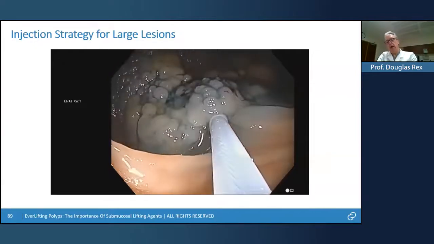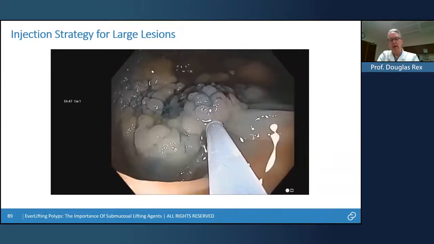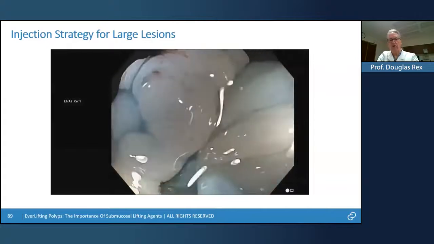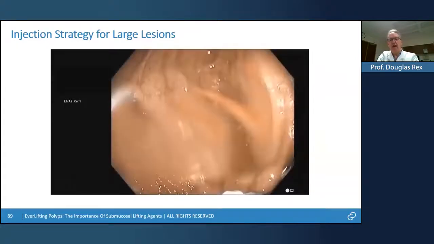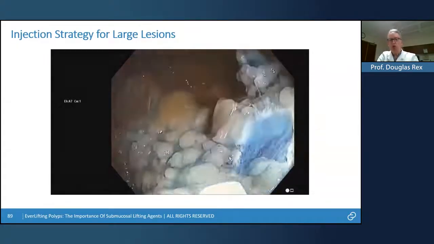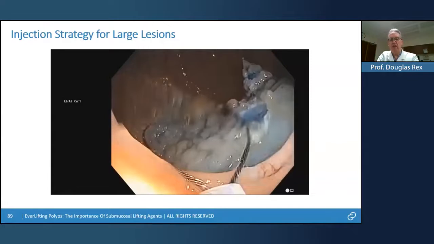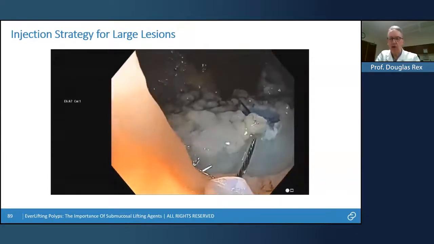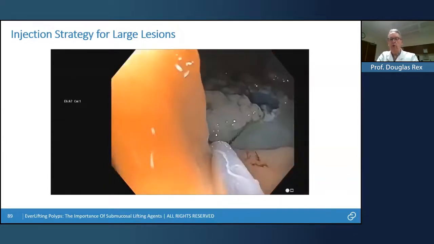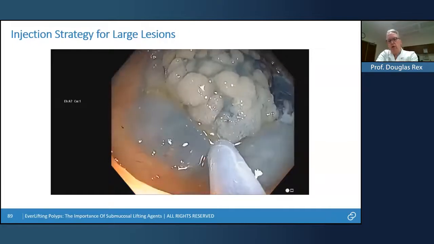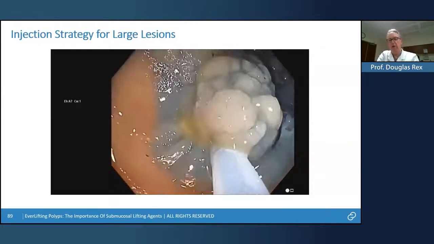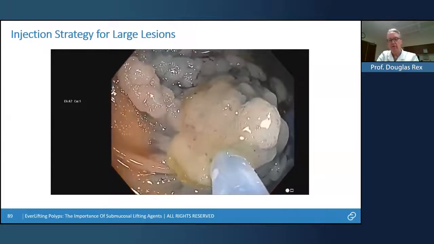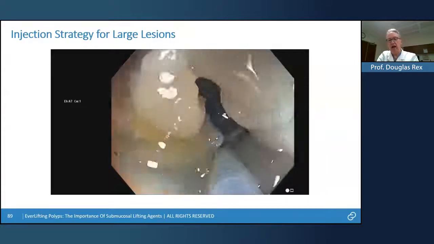And we're trying in the US to make the point with gastroenterologists and other endoscopists that size alone should not be an indication for surgery, because these lesions are typically quite straightforward to remove. To do this relatively safely, we typically use snares of about 15 to 20 millimeters in size.